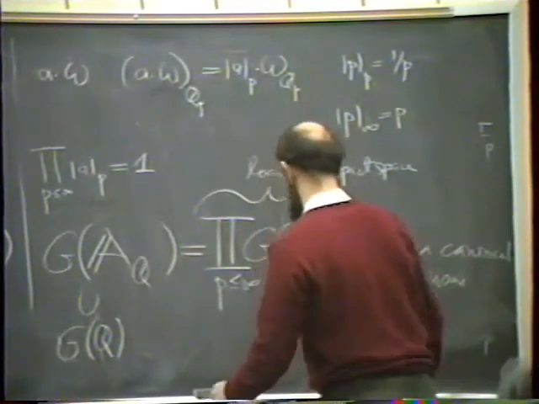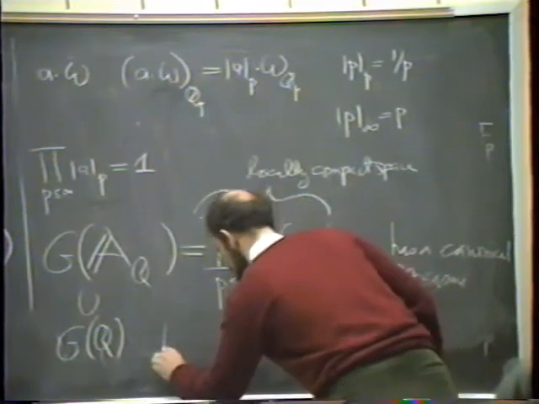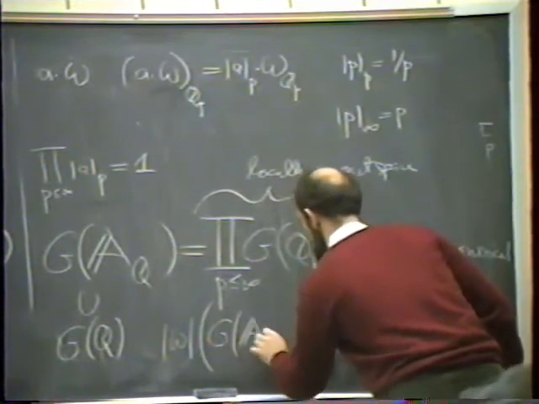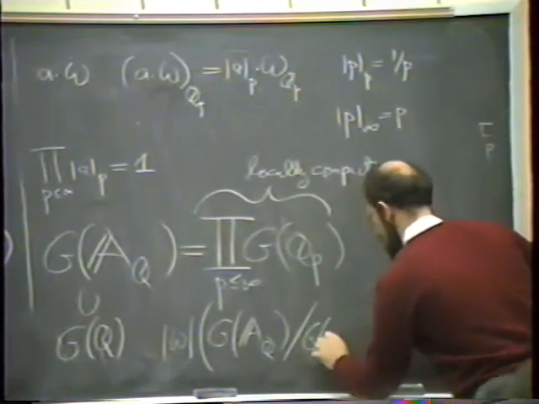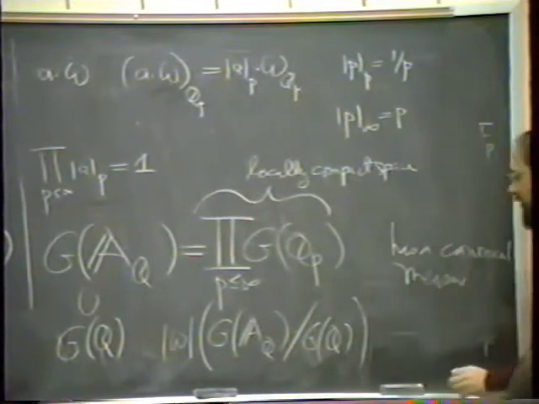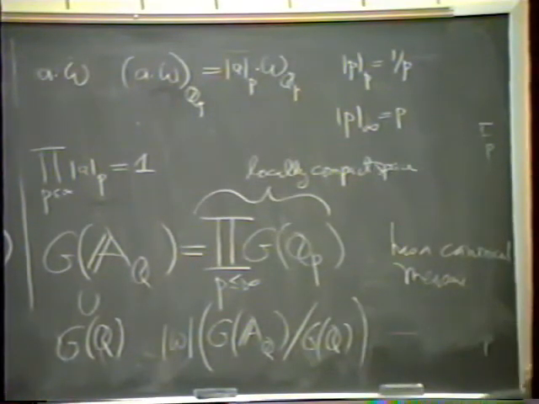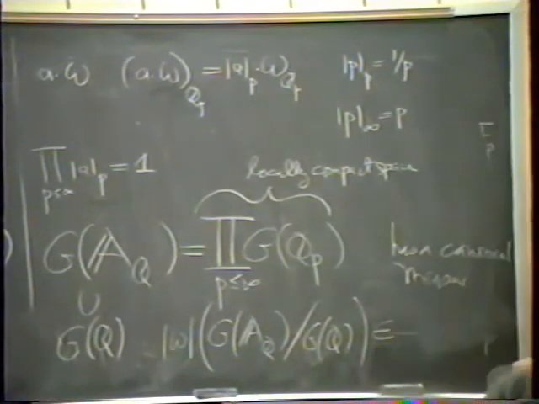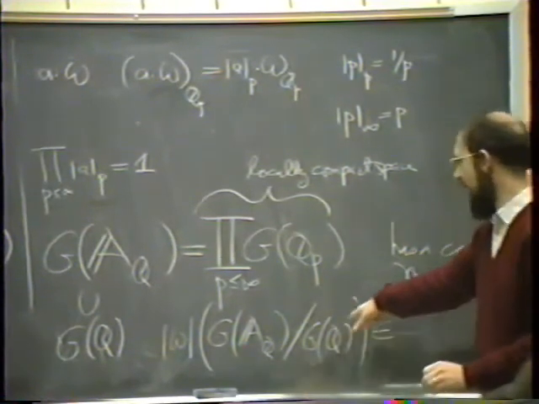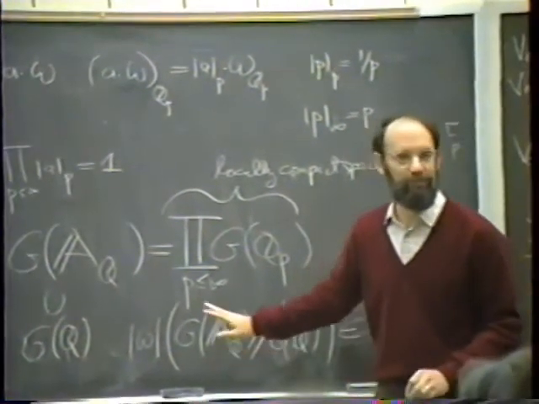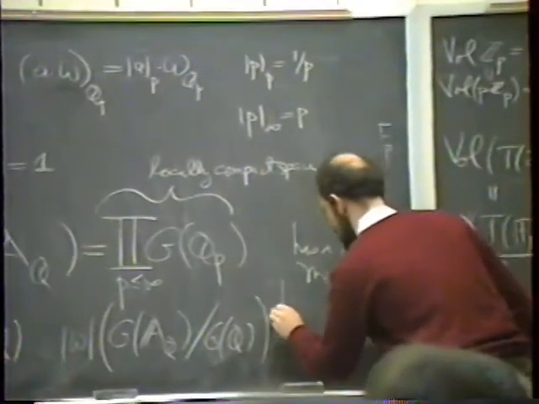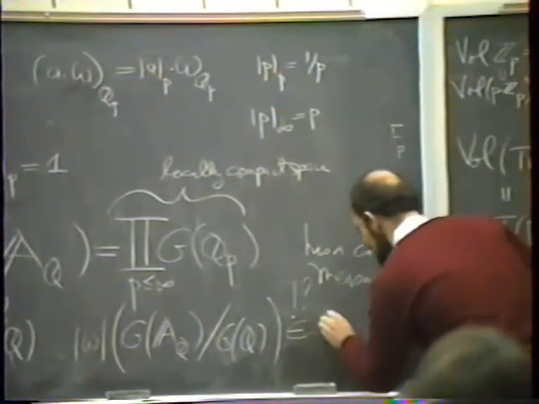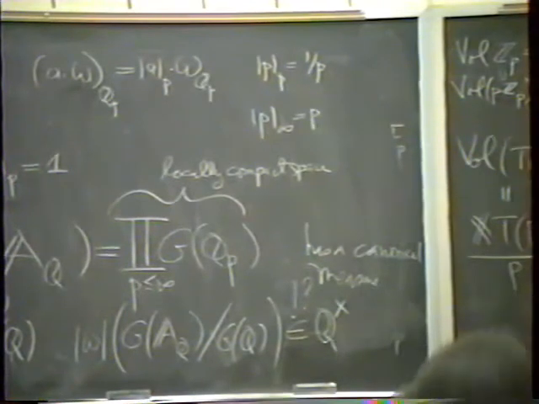The point is that the measure, so let's call it omega, of G of A_Q modulo G of Q is less than infinity, and the Tamagawa number conjecture, which has really been proved now for all but a few extremely recalcitrant twisted forms of E8 or some, essentially this is always true. So I'll put an exclamation point and a question mark, to indicate essentially this is always known, is a non-zero rational number.